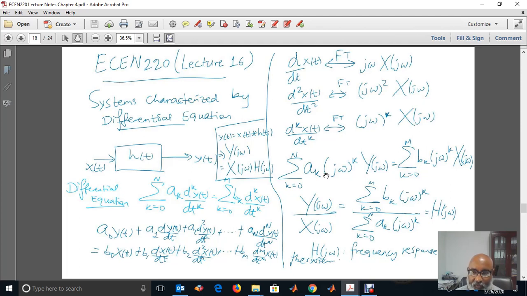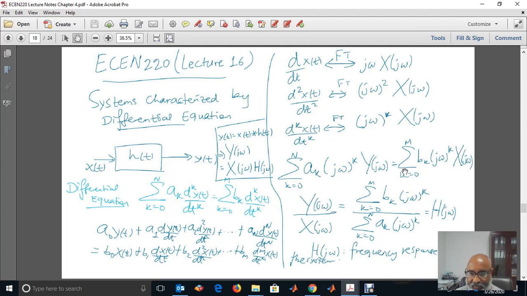So by using this, let's change the first part: a_k times the k-th derivative of y by dt^k will become a_k (j omega)^k times Y(j omega). And the right side, b_k (j omega)^k times X(j omega).